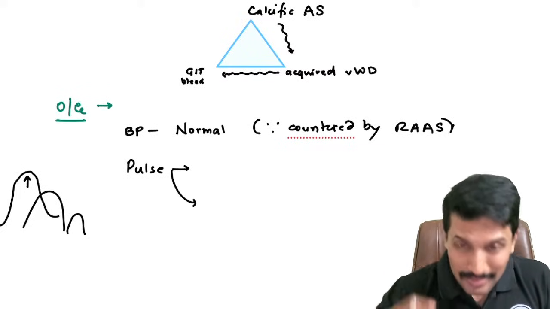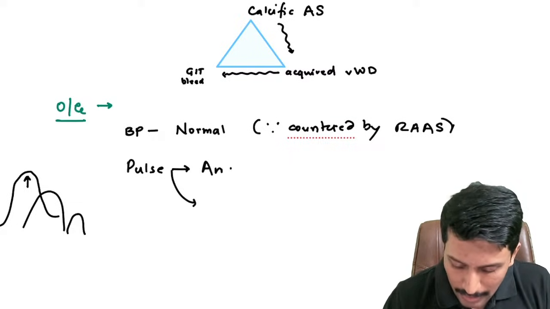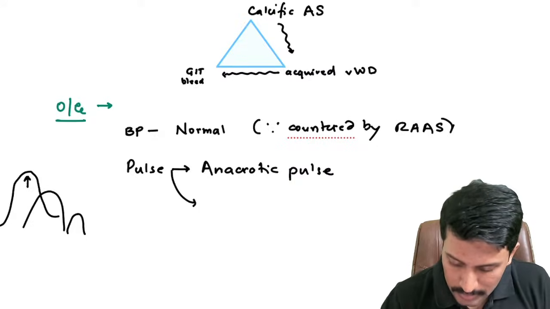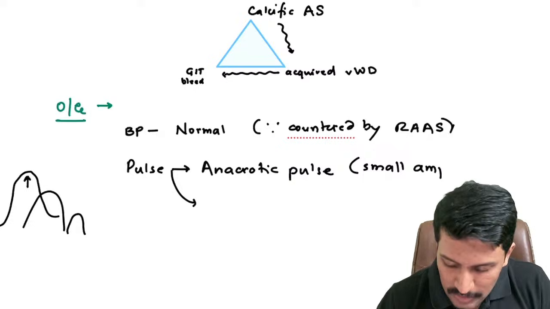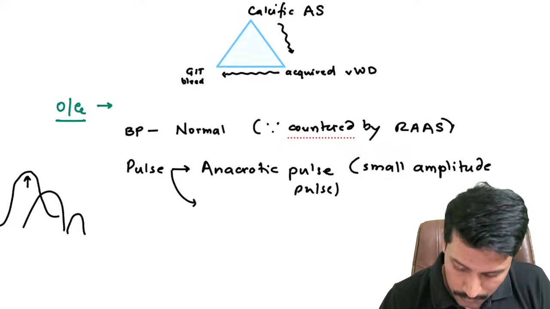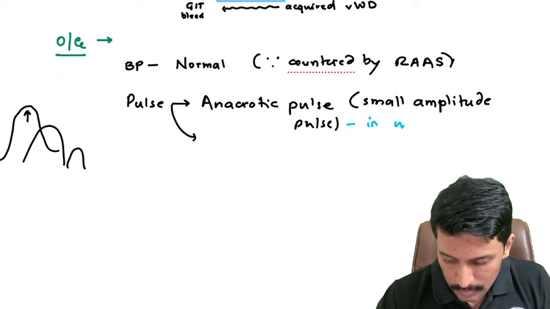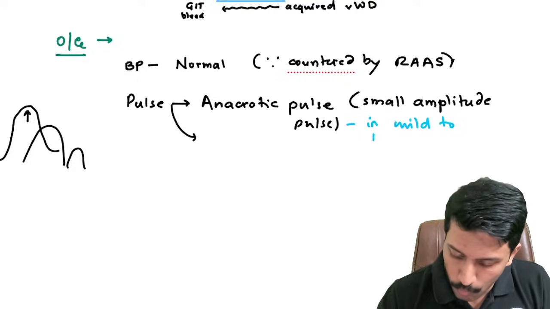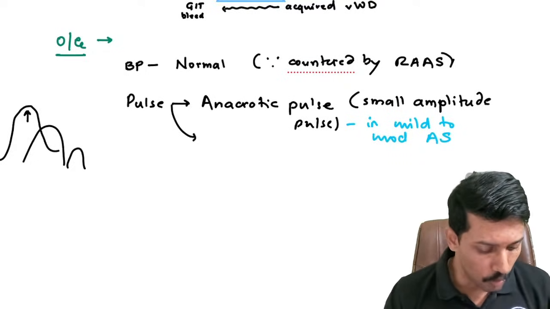So that small peak of the pulse is called as anacrotic pulse. It is nothing but a small amplitude or small peak pulse, in mild to moderate aortic stenosis.